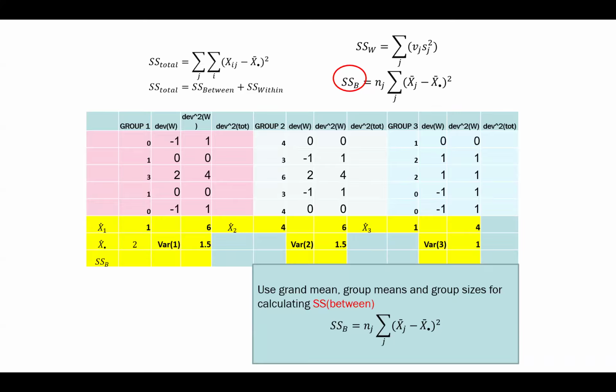So for instance, for the first group, you're going to take the group mean, which is 1, minus the grand mean, which is 2. 1 minus 2 is -1. You square that, 1. You're going to get that term for each of your three groups. Add them up, and then you multiply by the group size, which in this case is 5.